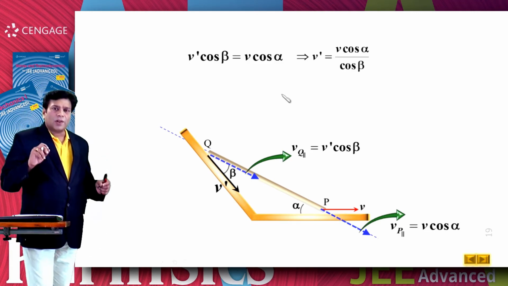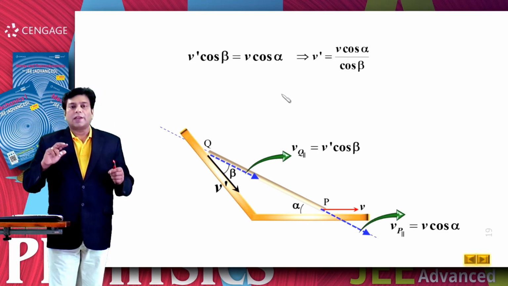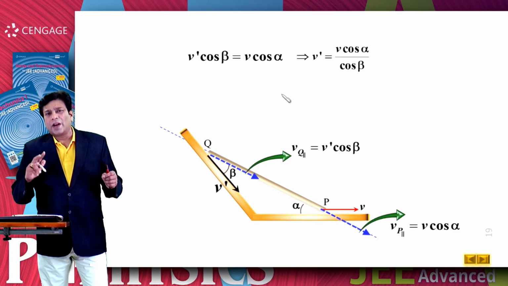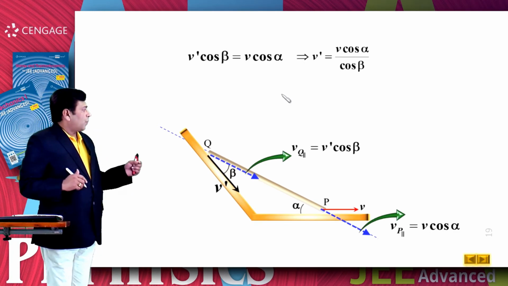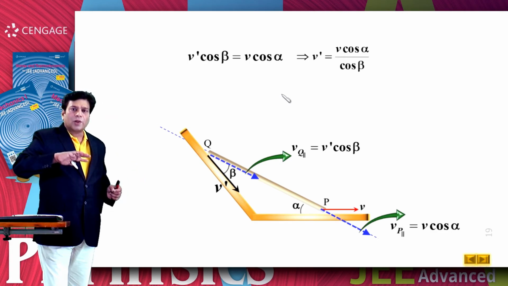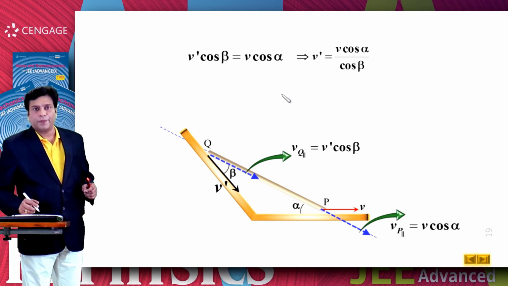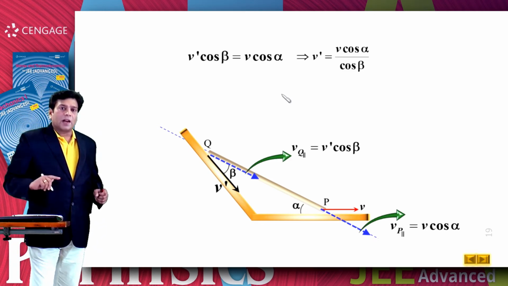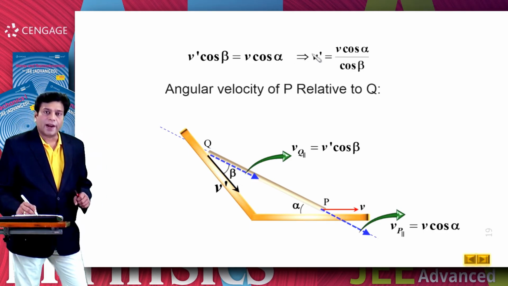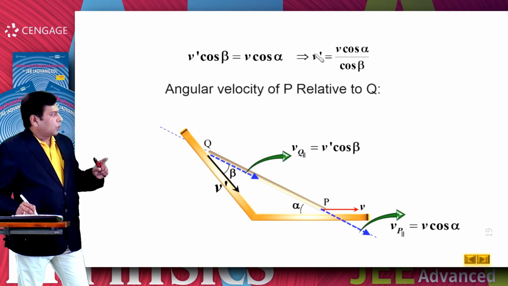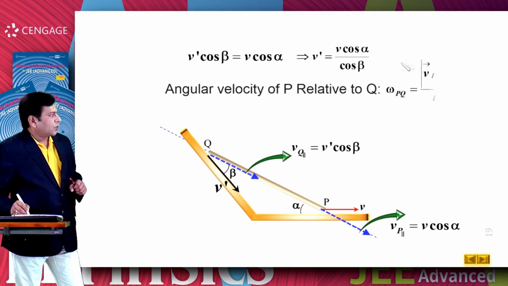We know the angular velocity of the rod, or angular velocity of the rigid body, is nothing but the relative velocity of any 2 points inside the rigid body. For this purpose, we can take relative velocity of P with respect to Q or relative velocity of Q with respect to P. Let us take relative angular velocity of P with respect to Q, and this expression we can write: omega PQ equals v PQ perpendicular divided by L, and that should be equal to omega.